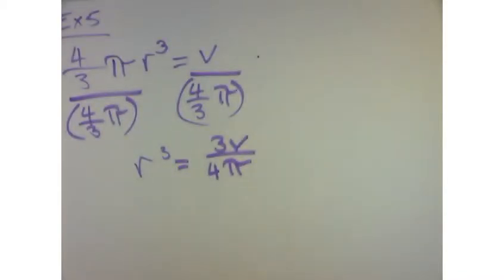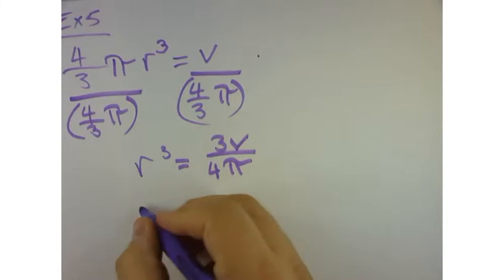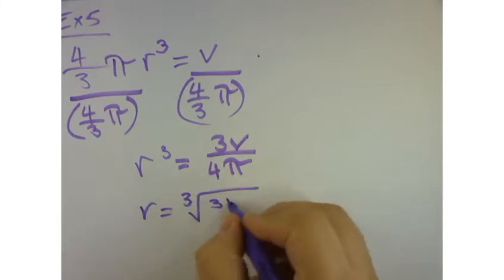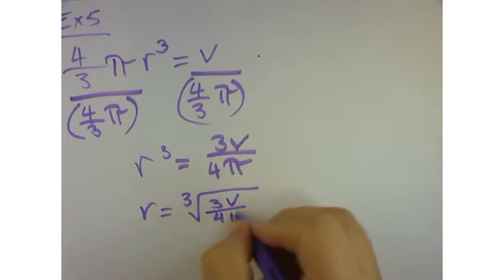I don't know why that is zooming so weird today. Okay, there it is. Can you see that? Now if I want to get r by itself, I take the cube root of both sides and I get r is the cube root of 3v over 4 pi.